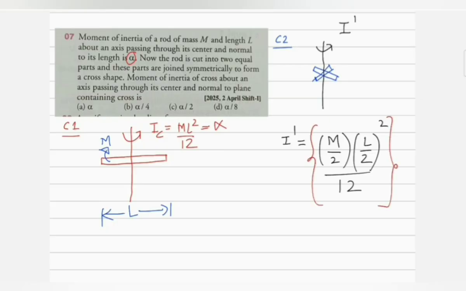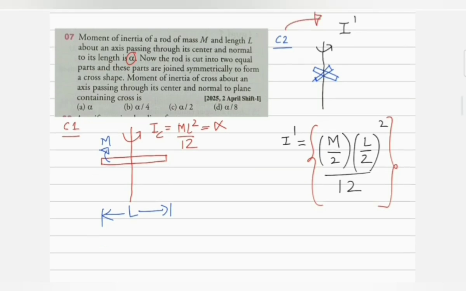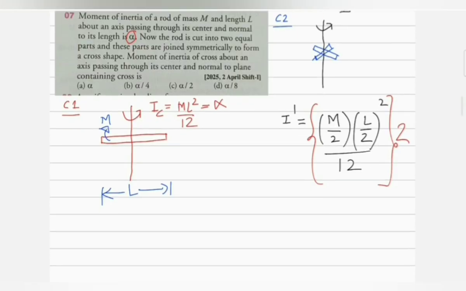So the moment of inertia of the entire system in case 2 is I dash, which is found by m by 2 into L by 2 the whole square divided by 12 multiplied by 2. Why multiplied by 2? Because there are two similar rods. You calculated one, the other will be the same. So for the entire system, find the single one and multiply it by 2. Logical?